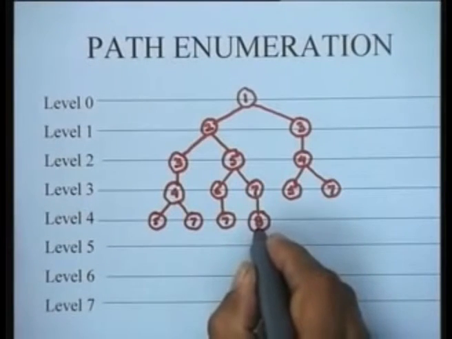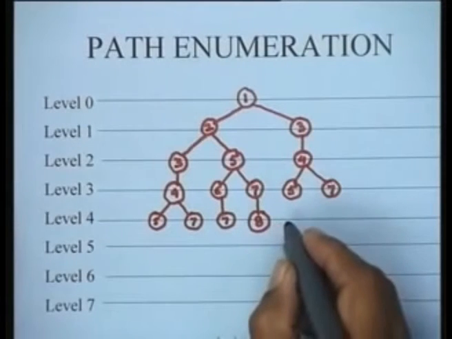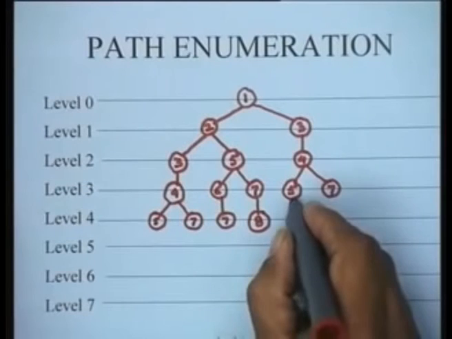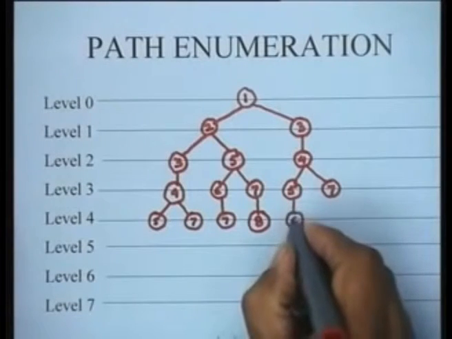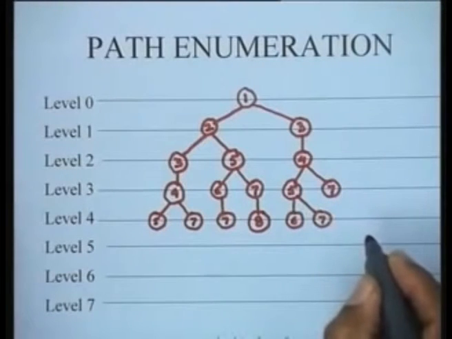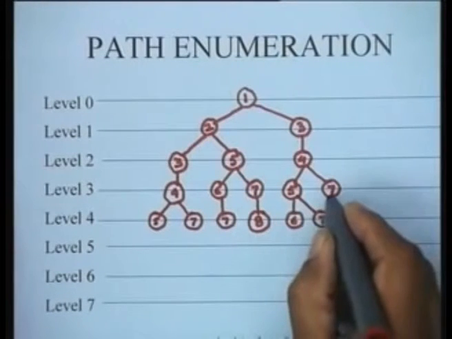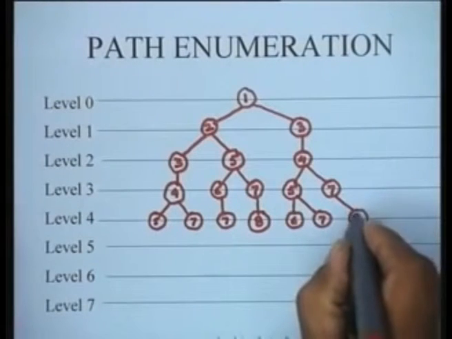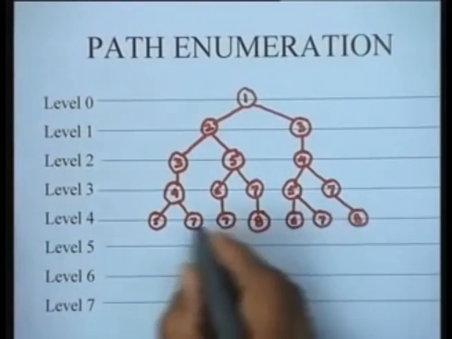I cannot go any further from this node, but you can look at node 5. From node 5 I can go to node 6 or I can go to node 7, and from node 7 I can go to node 8. As far as 8 is concerned, it is over.